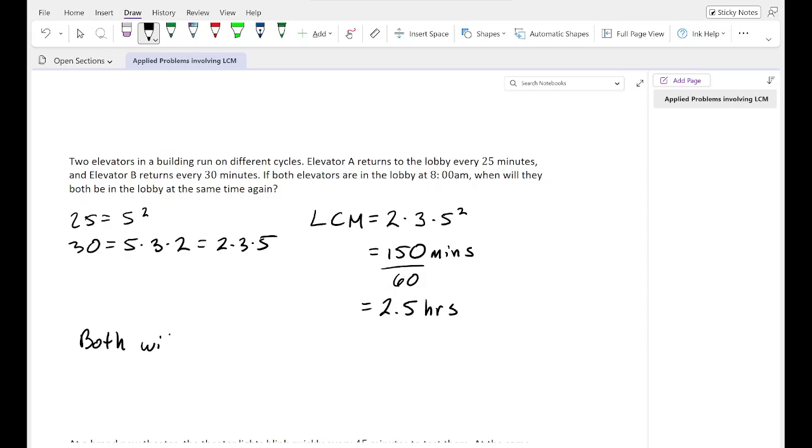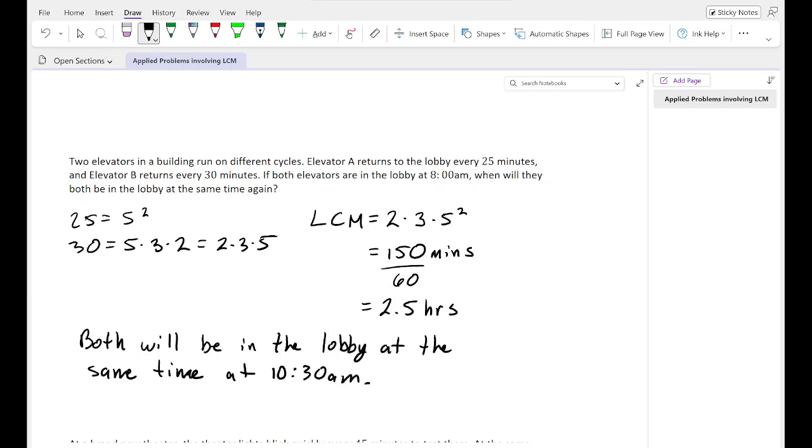Both will be in the lobby at the same time at 10:30 a.m.